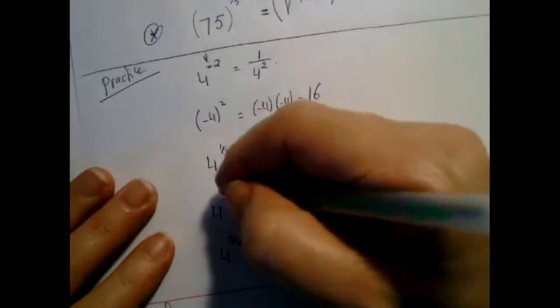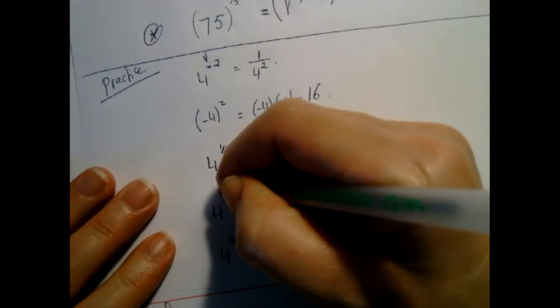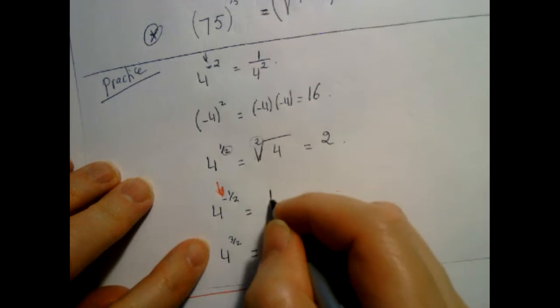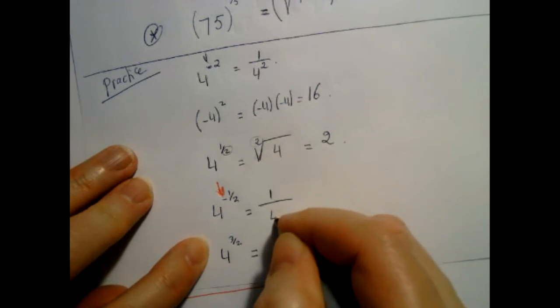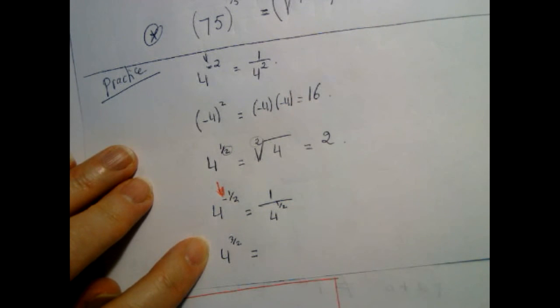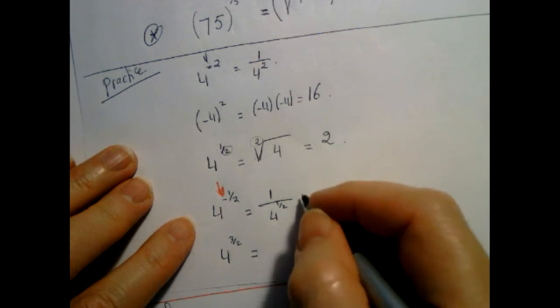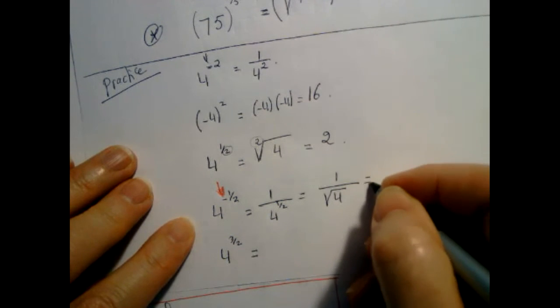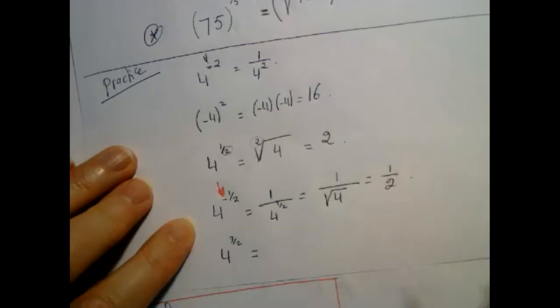Whenever you have a minus, don't be scared of it. Since it's a minus, it's going to become 1 over 4 to the half. It means 1 over the square root of 4. It means 1/2.